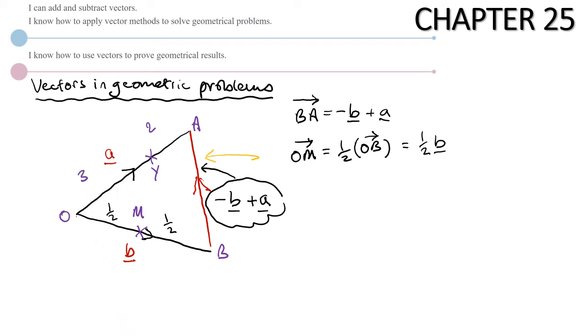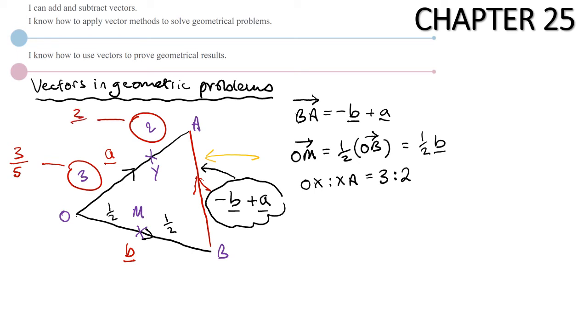Okay, so I could say that the ratio from OX to XA is 3 to 2. Now I can use that to work out the fractions. If this is 3 parts and this is 2 parts, this is 3 out of 5 parts, 3/5, and this would be 2 out of 5 parts, so that would be 2/5.